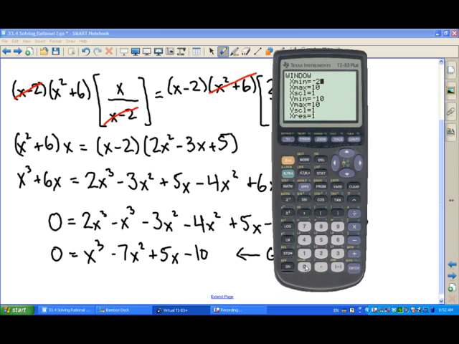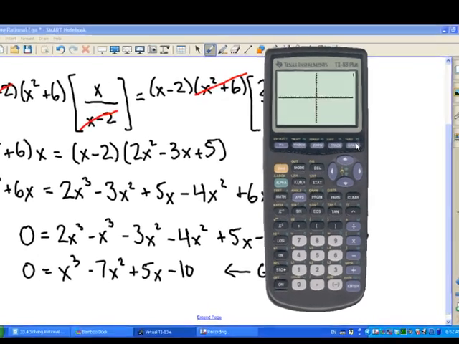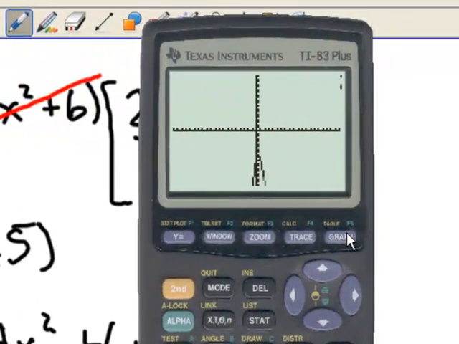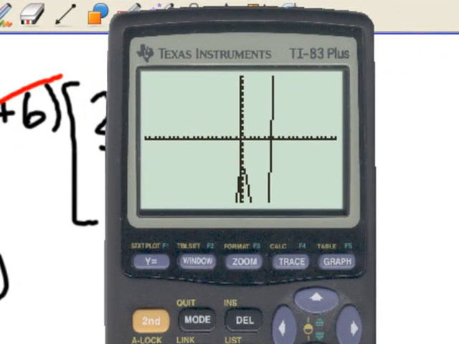I'll make this negative 20 to 20. Let's see if that helps. Not really concerned with what's going on down here. All we're trying to find is where this function equals 0. So we're trying to find the zeros, just like in the last unit.